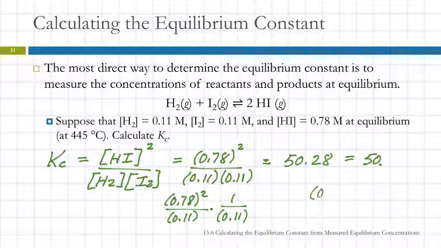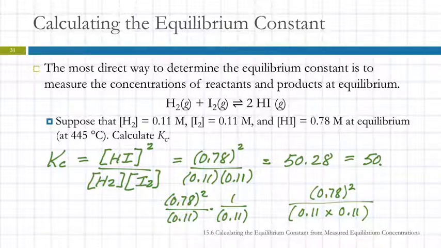So you can do it this way, and you need parentheses, 0.11 times 0.11. So make sure your calculator is giving you the correct answer, because it's just really sad to do all the complicated stuff correctly and then have this one little glitch on the calculator and get the wrong answer. It's still the wrong answer, though. Okay, any questions?